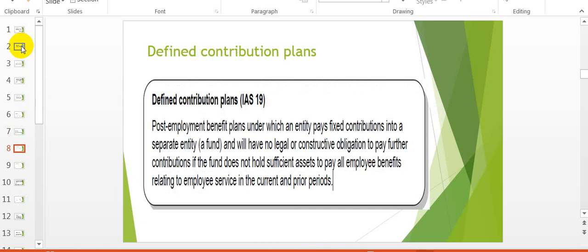To go to the defined contribution plan, this is a post-employment benefit plan under which an entity pays fixed contributions into a separate entity.